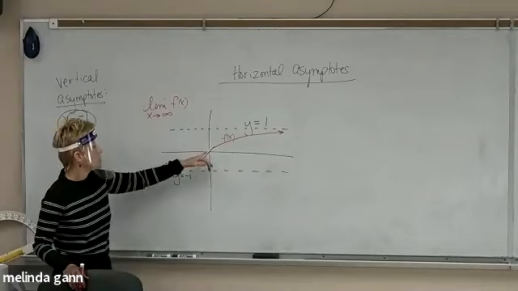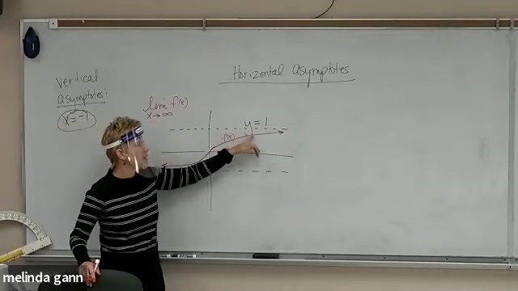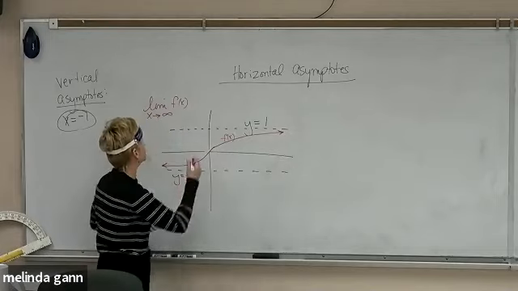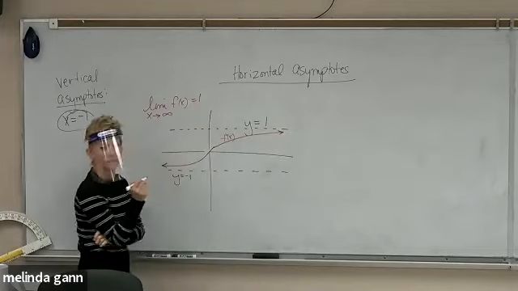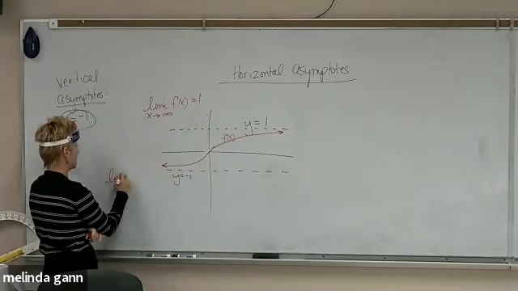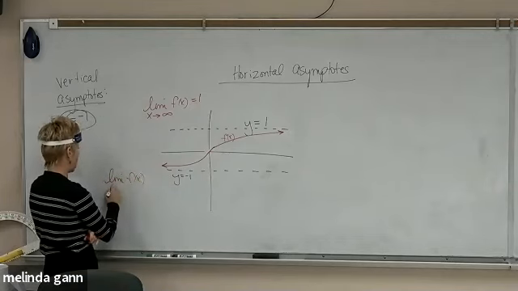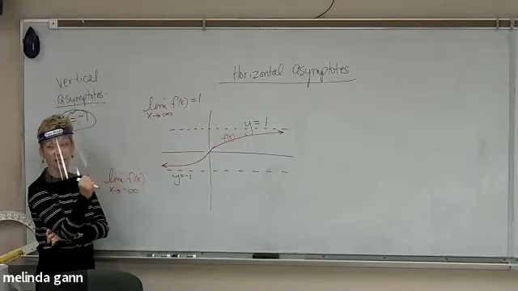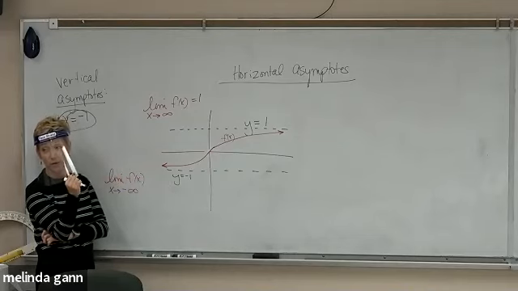Okay? But on this graph, as x gets bigger and bigger and bigger, isn't y closing in on something? What's y getting closer to? 1. And on this particular graph, what happens when I'm approaching negative infinity? What if I'm going to the left and it's getting smaller and smaller without a bound?